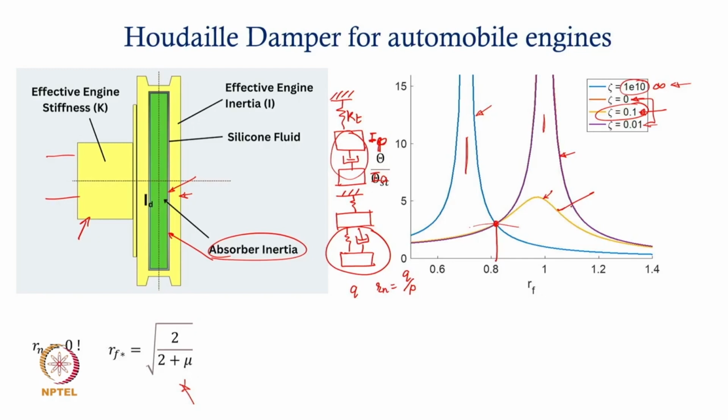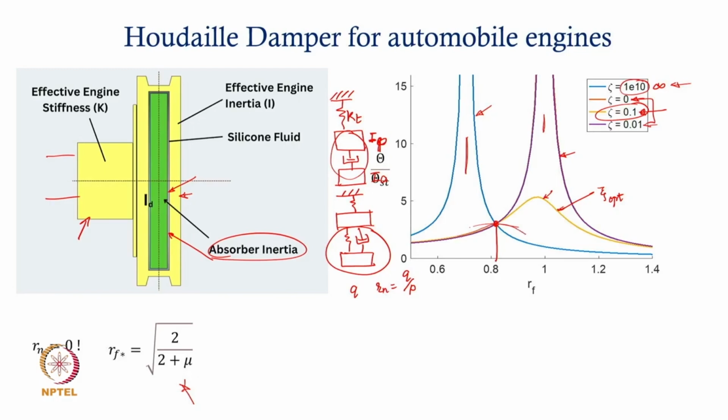So what is the objective now is to figure out what is this zeta optimum, so that the graph of the response passes through this point with zero slope, okay.